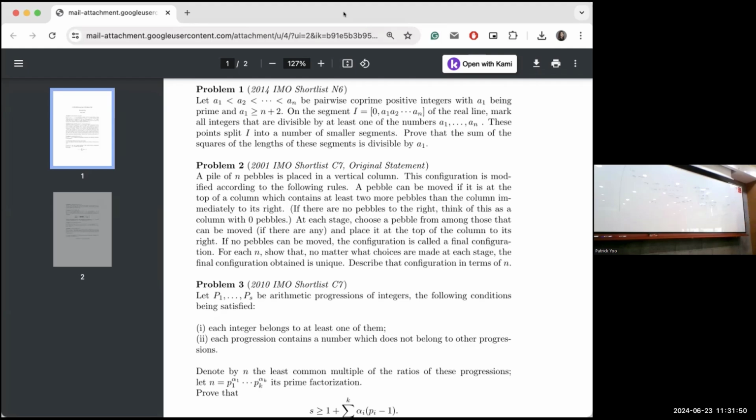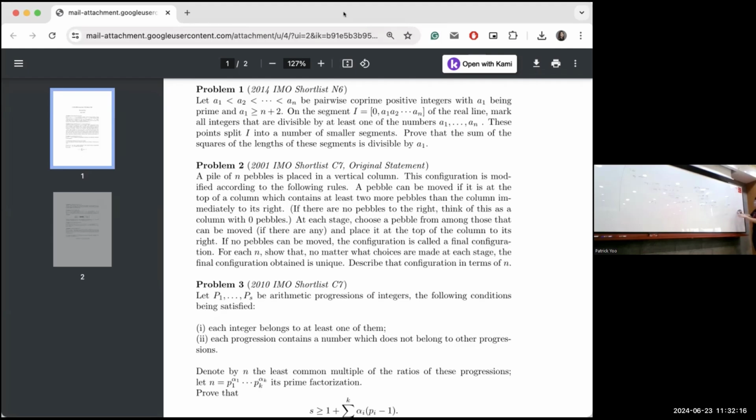So the difference between n minus L1 that we have from the beginning and the first column of the triangular formation would be more than 2, so we have to move again from column 1. Right. So if we look at the natural order, column 1 and then column 2. You move pebbles from column 1 to column 2, and then column 2 moves to column 3. So 2 gets shorter, and then you move again, and then 2 gets shorter, move again, 2 gets shorter. So that's your argument, right?